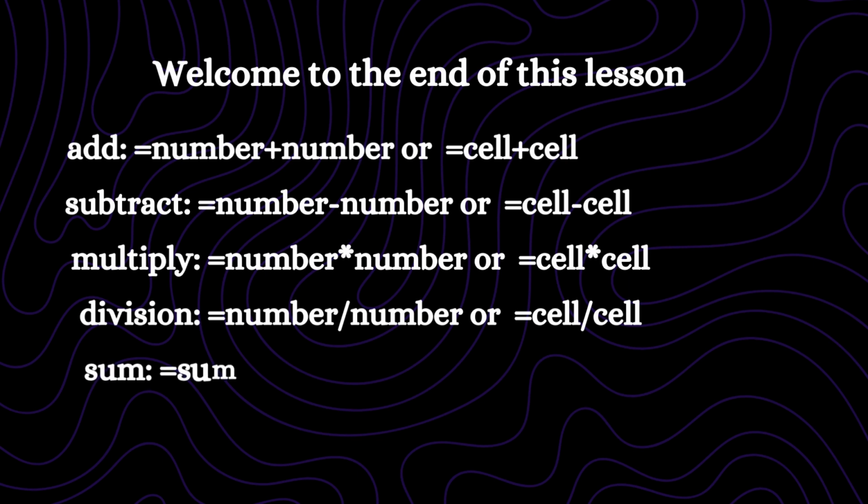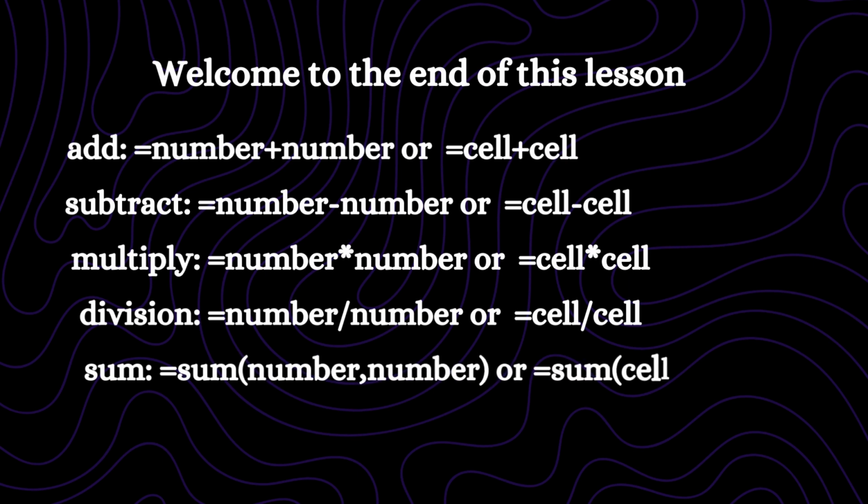In sum, we could either do sum in brackets the number, number, number, etc. Or we could actually group the amount of cells that we want to add together, which would give us the first cell with the last cell.